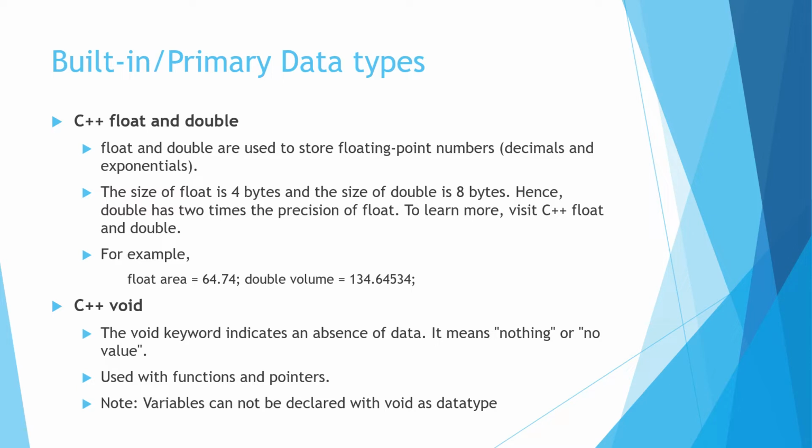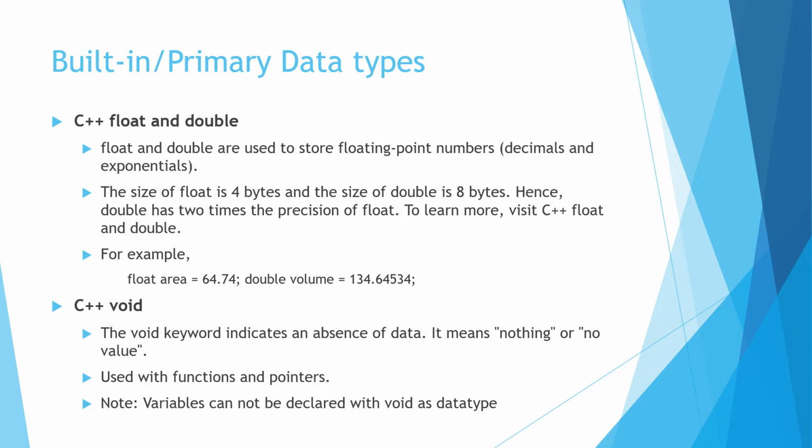Example is float area equal to 64.74 and double volume equal to 134.64534. Here area is a variable whose data type is float, while volume is a variable whose data type is double.